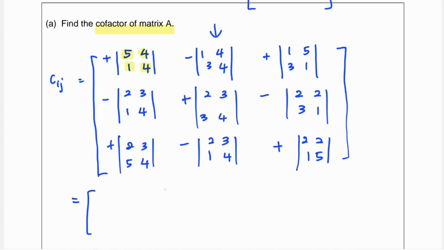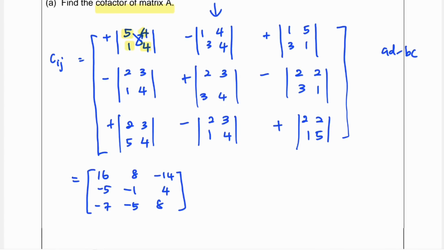You have to calculate each of the minors using AD minus BC. So you multiply A with D minus B multiplied with C. After you have done all the calculations, you are supposed to get the cofactor of matrix A. So we're done with the first part.